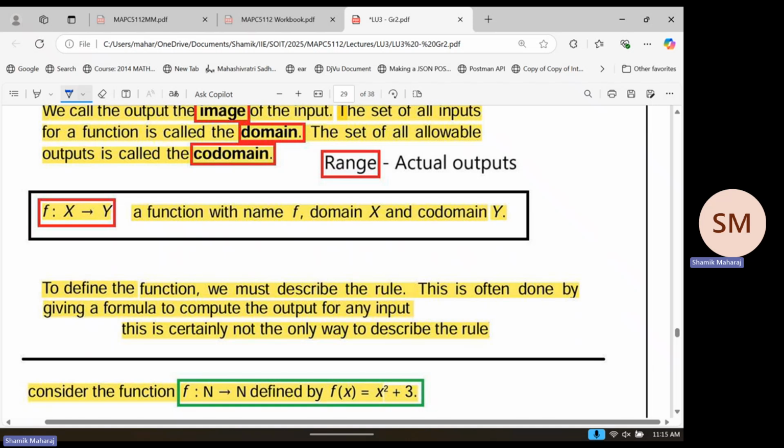The set of all outputs is the range. Now the codomain is somewhere in between that. It's the set of all allowed outputs, not the actual outputs, but the ones that are allowed. The set that tells us which ones are allowed, that's the codomain. This is one of those things where we need to see examples because it's quite abstract.